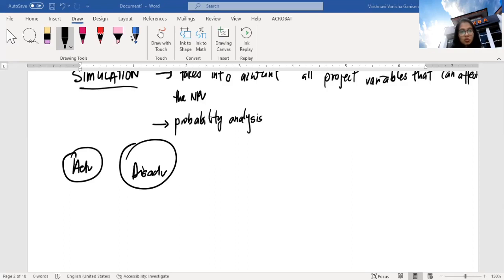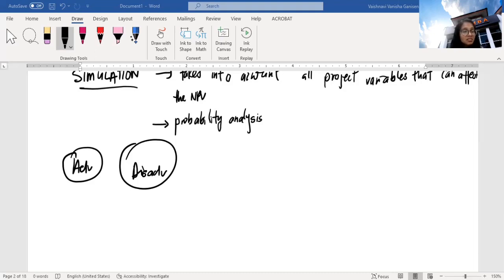Now, the next one would be that you can apply it in a wide range of calculations. That means you can use it throughout the company's projects and estimate the variables that may affect the NPV of your project. As for the disadvantages, the problem is that the model is rather complex and also very pricey.